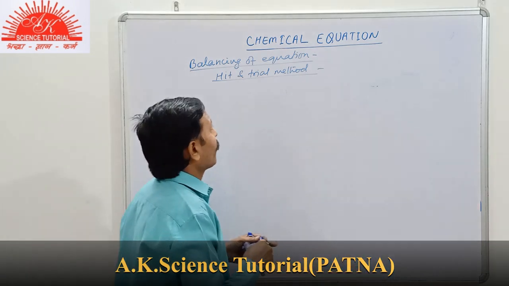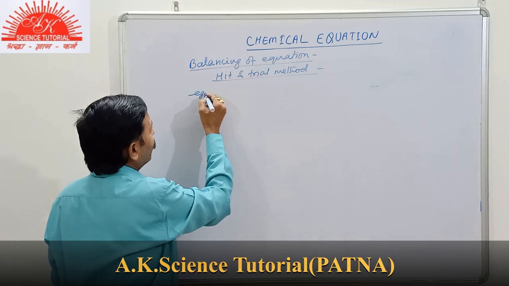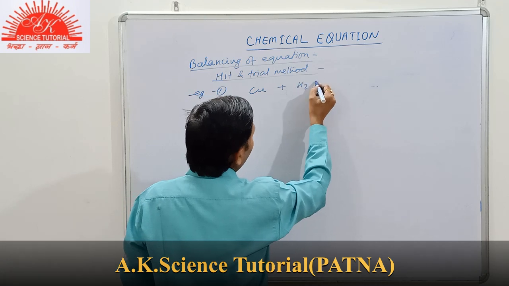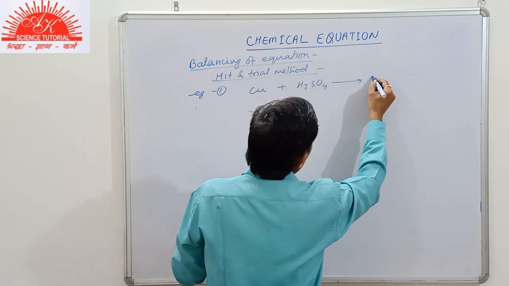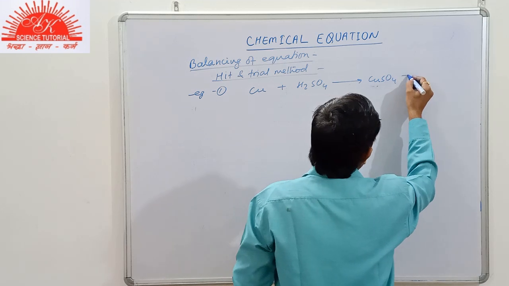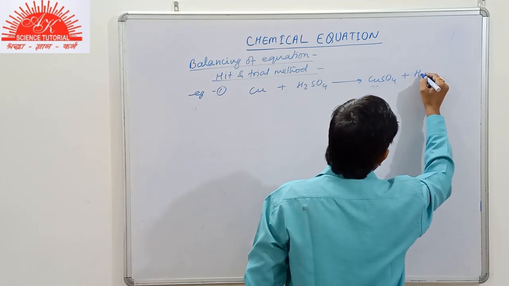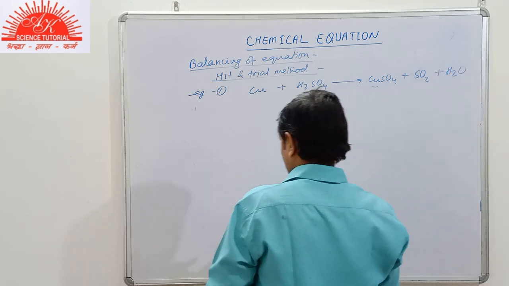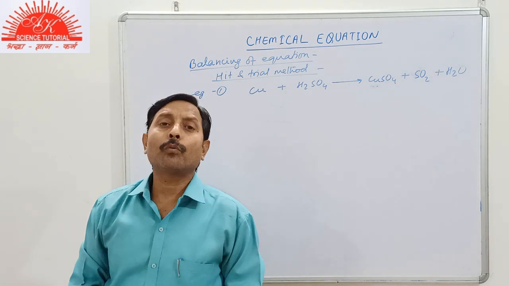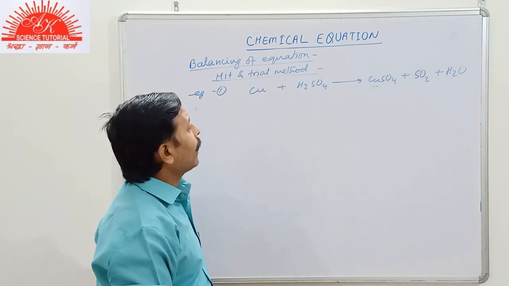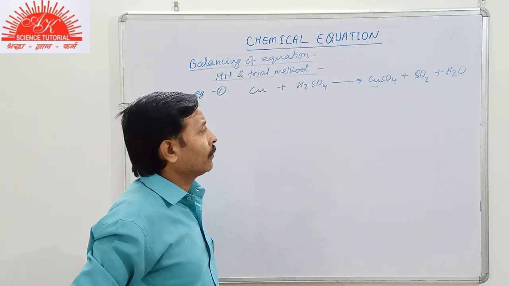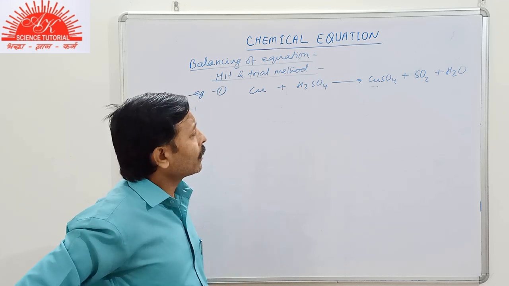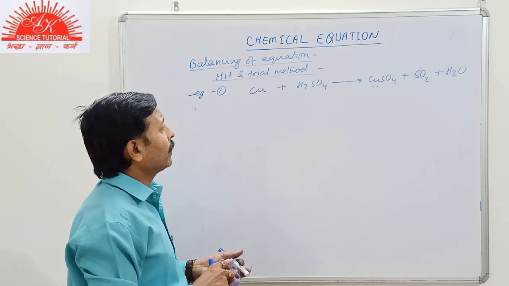Like you see, suppose, hit and trial method. First, the equation is Cu plus H2SO4 gives CuSO4 plus SO2 plus H2O. Now, students, what is the first step? While you are learning, you can follow certain steps, and later on it will be easier.